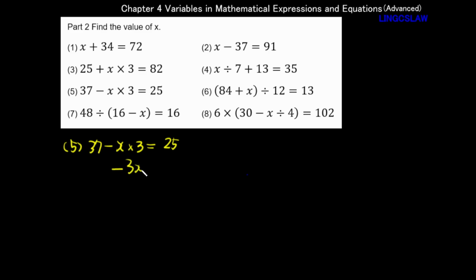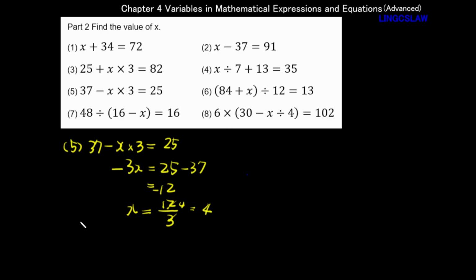Minus 3x equals 25 minus 37 equals negative 12. And let's divide both sides by negative 3. So negative means positive. So 12 over 3 equals 4.